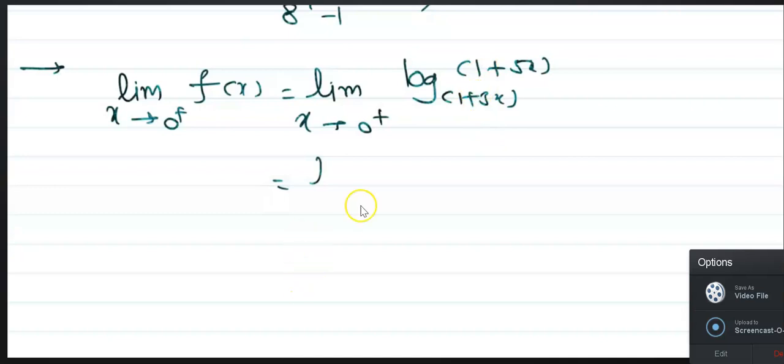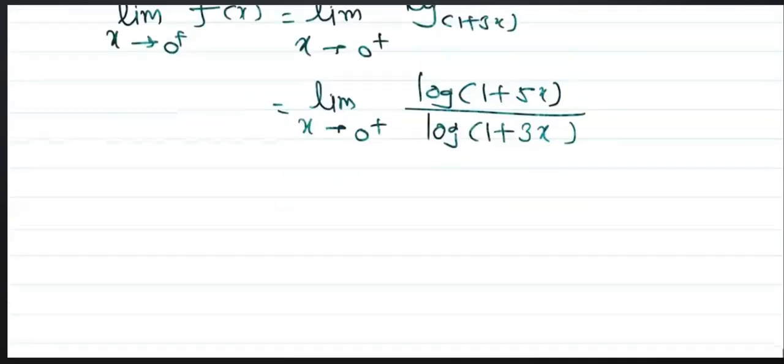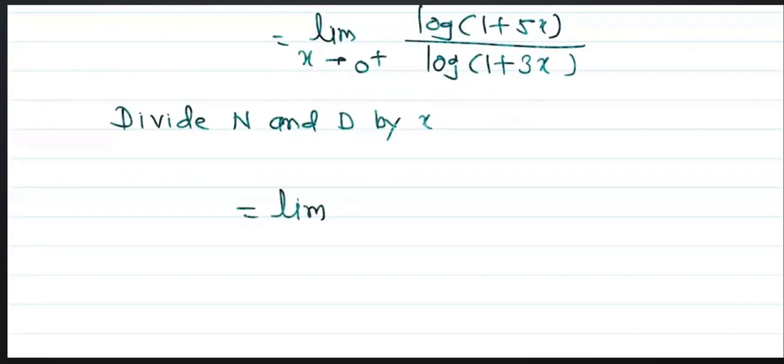Then we can change this. It is like this, log of 1 plus 5x whole divided by log of 1 plus 3x, by using the rules of logarithm. That is log of 1 plus 5x upon log of 1 plus 3x. आता लॉग साठी आपल्याला x ची आवश्यकता असणार आहे.